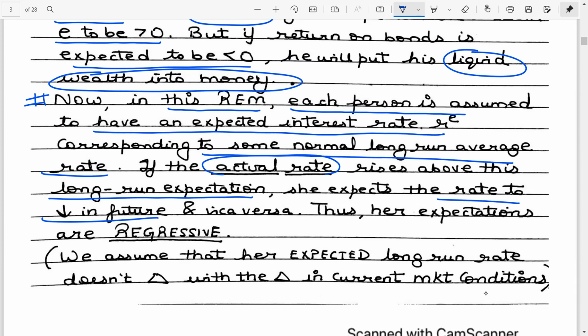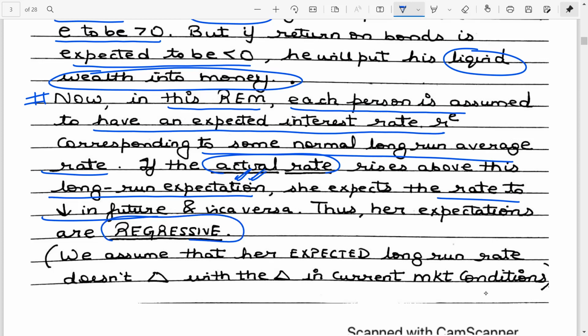If her expectations were progressive, and the actual interest rate went up, she would have expected the interest rate to rise in the future. That was progressive because you are moving in the same direction as the actual. But in this particular case, when actual went up, she expects in the future the actual interest rate to fall back. That means expectations are regressive in nature.